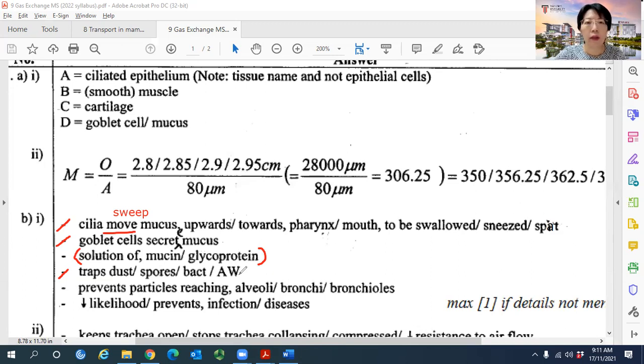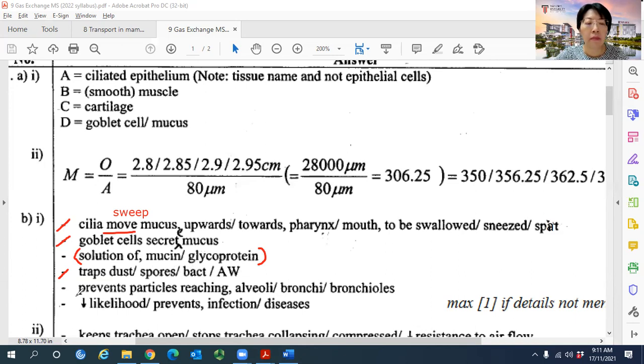If you say trap air particles, you will not get any mark because you need to elaborate. What type of air particles do we want the mucus to trap? You need to say dust or spores, bacteria, viruses, fungi, and so on.